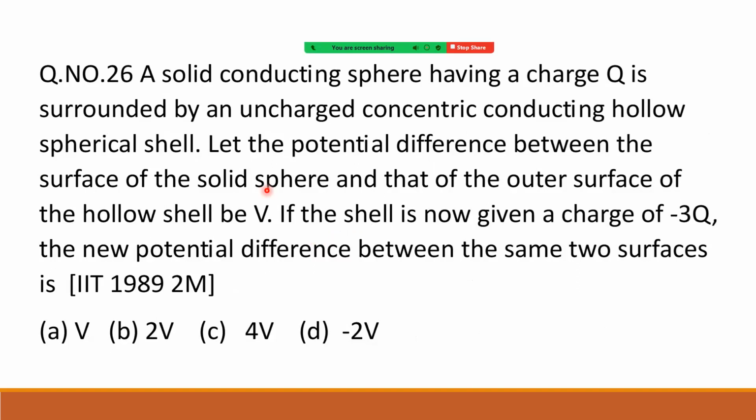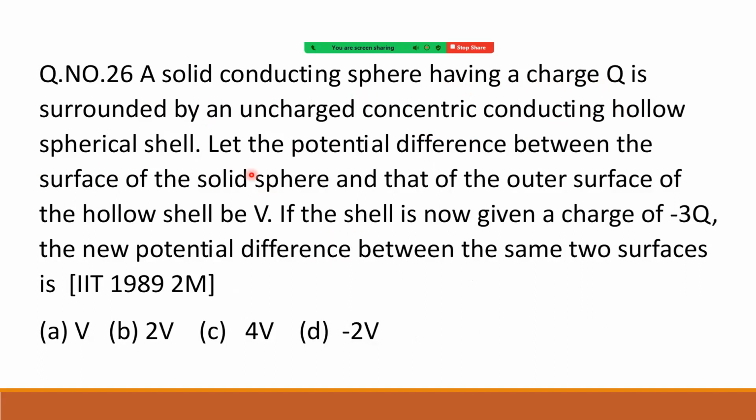See the next one. A solid conducting sphere having a charge Q is surrounded by an uncharged concentric conducting hollow spherical shell.